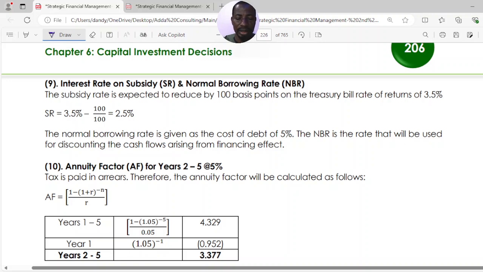The subsidy rate is expected to reduce by 100 basis points on the threshold rate of return. So we've already determined that the normal borrowing rate is given as cost of debt of 5%. The normal borrowing rate is the rate that will be used for discounting the cash flows arising from financing effect. We've already taken that assumption.